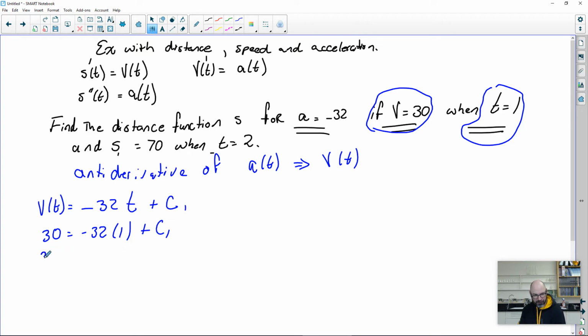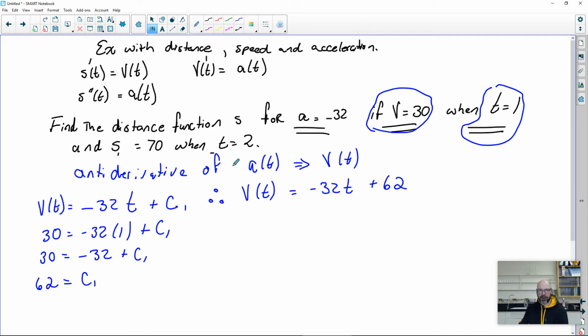So this would be 30 equals minus 32 plus C1. Add 32 to get rid of it. So we get 62 equals C1. So therefore, we have an expression of velocity. Velocity now is equal to minus 32t plus 62.